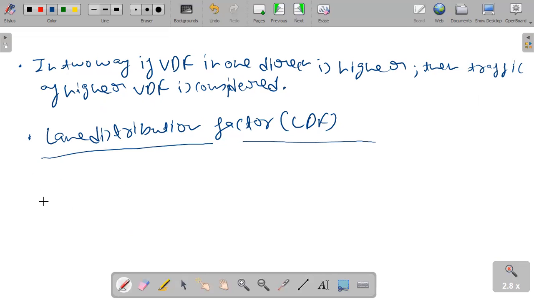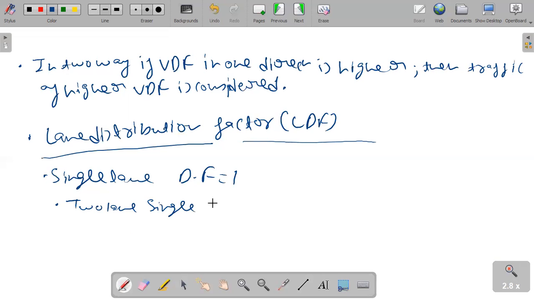For single lane, distribution factor is 1. For two lane single carriageway, distribution factor is 0.5.